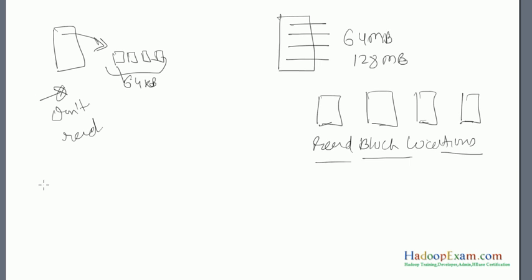Why do we need to read the block locations? This allows the MapReduce framework to use them. Suppose MapReduce is running on each node; each node can locally read the block locations, so you can run parallel processing on each individual block.